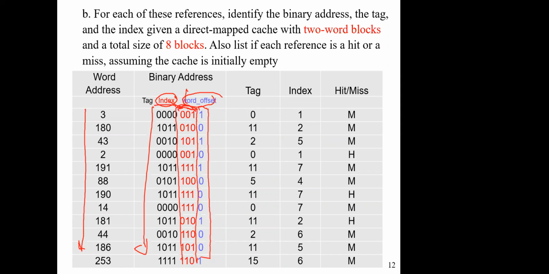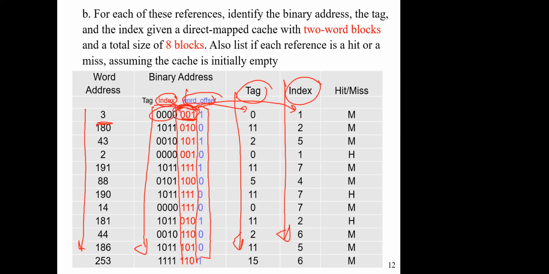And I will create exactly the same columns in terms of the tag and the index. So with these, the index is 1, the tag is 0. I look at these, the index is 2, the tag is 11. I look at these, the index is 5, the tag is 2, and so on and so forth.